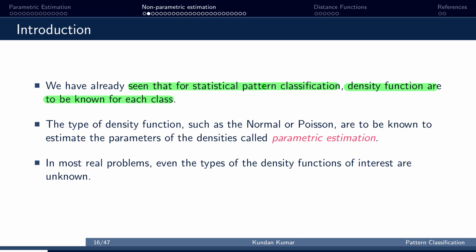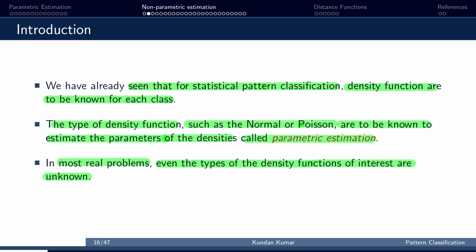And the type of density functions such as normal density function or Poisson density function are to be known to estimate the parameters of densities, and that approach is called the parametric estimation that we studied in the last class. In most of the real problems, even the type of the density functions of interest are unknown.